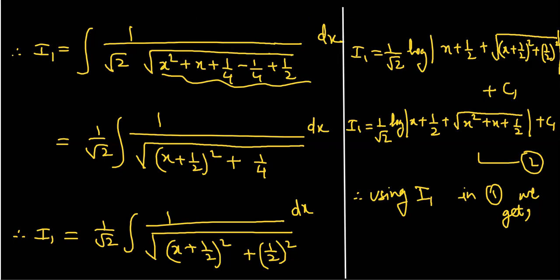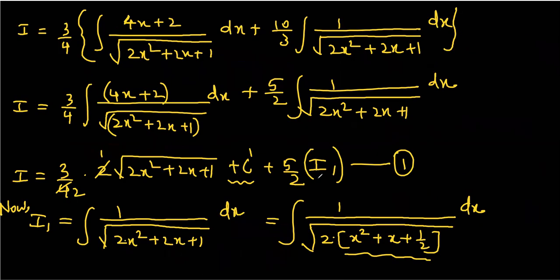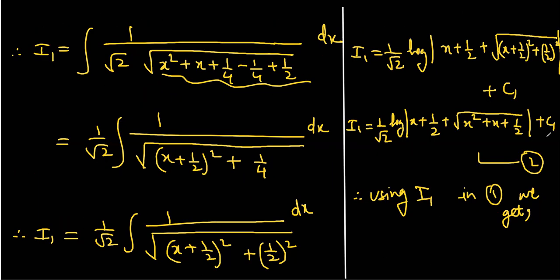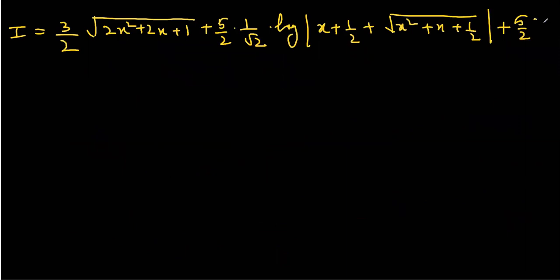Remember, here you have plus c1, which is multiplied with 5 by 2, because it is I1 multiplied with 5 by 2. So definitely I1 has got c1, so c1 will also be multiplied by 5 by 2. So you will have plus 5 by 2 c1, and earlier you had c dash. So now this whole constant will give you c.